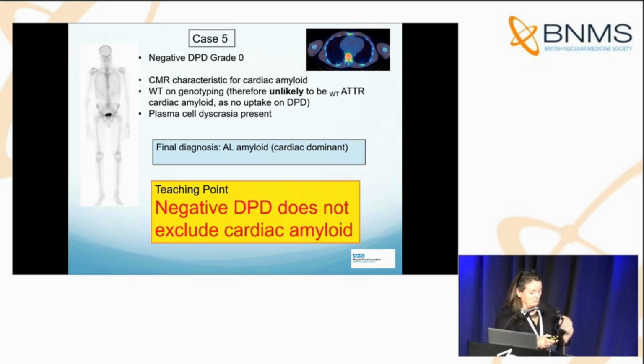The important teaching point here is that a negative DPD scan does not exclude cardiac amyloid.